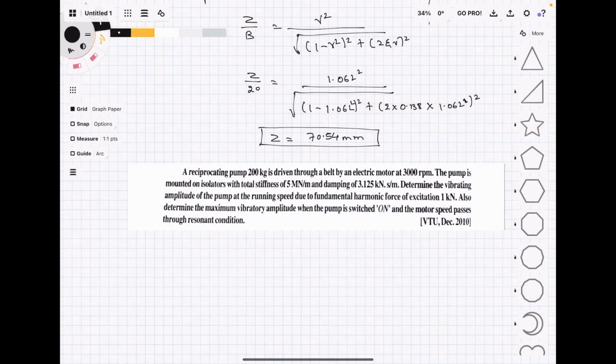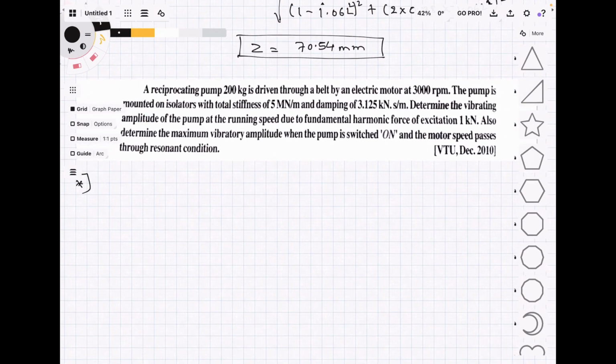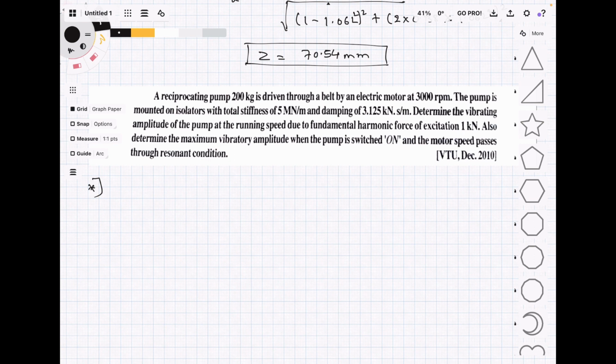Okay, we'll be solving one more problem on this. The problem definition is as it is. A reciprocating pump of 200 kg is driven through a belt by an electric motor at 3000 rpm. The pump is mounted on an isolator with total stiffness of 5 meganewton per meter and damping of 3.125 kilonewton seconds per meter.